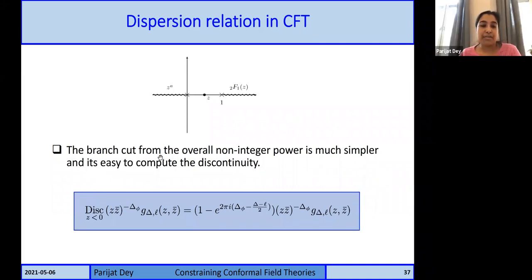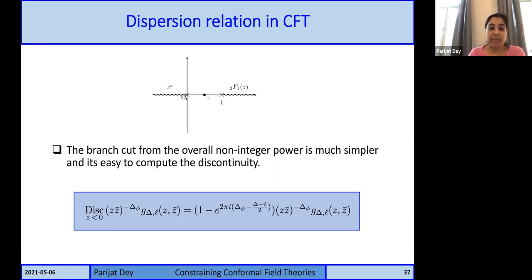Okay, so now the branch cut from the overall factor, which is this z power exponent times some non-integer exponent, it is simpler to compute the discontinuity which comes from this than the hypergeometric function.